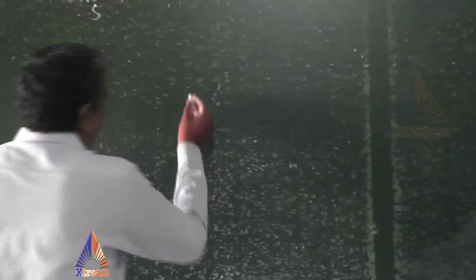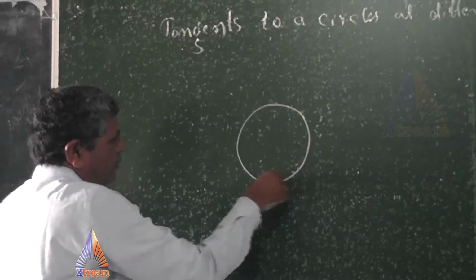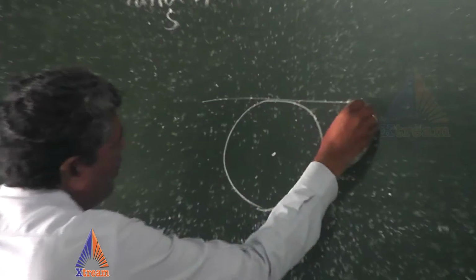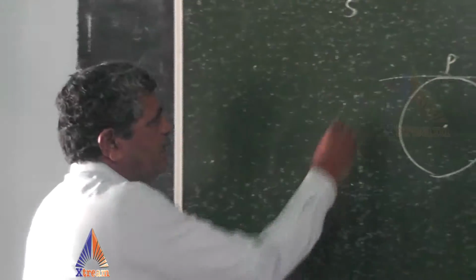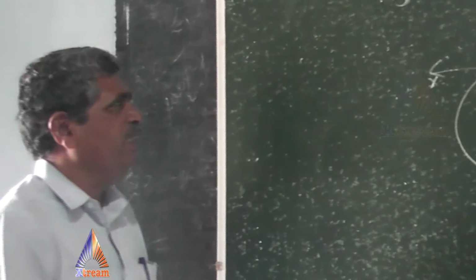First, the point is on the circumference of the circle, or on the circle. If it is a circle and the point is there, that is only one point, and we can draw a tangent. If XY is a tangent, then it passes through only one point on the circumference of the circle.